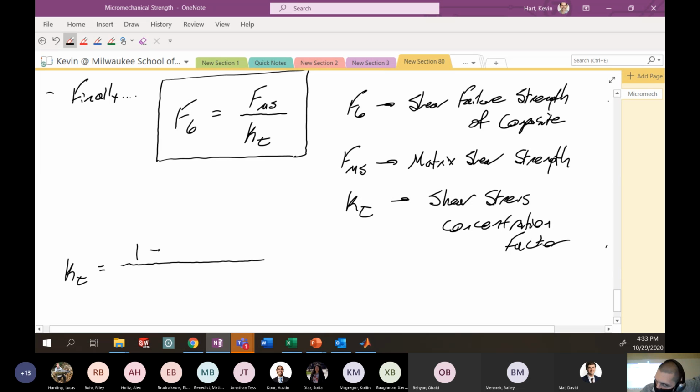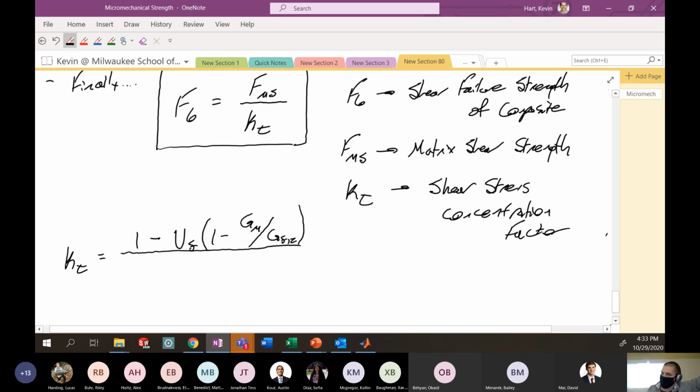Here in the numerator, 1 minus volume fraction times 1 minus the shear modulus of the matrix divided by the shear modulus of the fiber, G F1,2. All this is over this wonky denominator that comes from cubic packing theory: 4 VF on pi, multiplied by 1 minus GM on G F1,2.